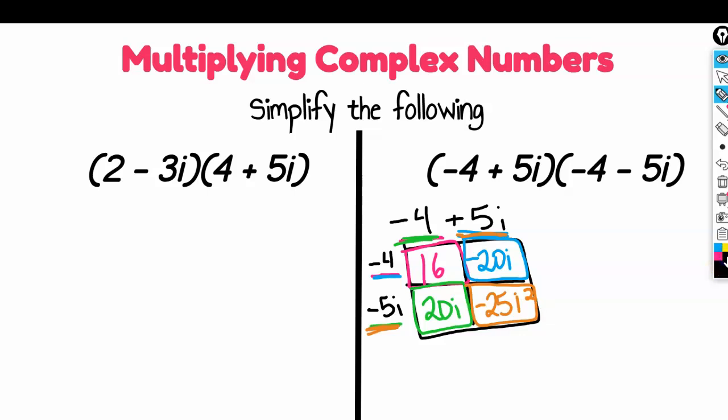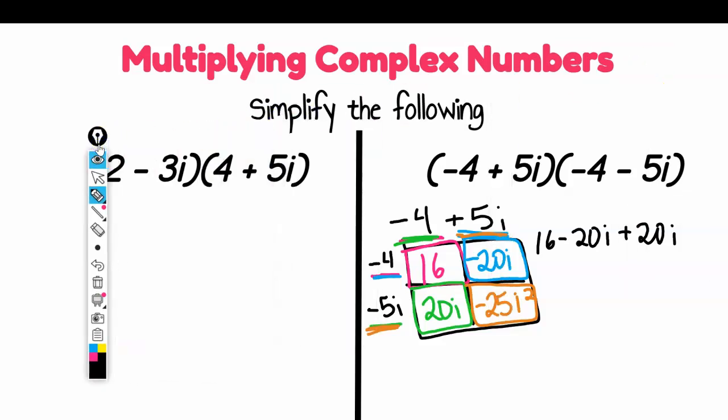So when I write this all outside of the box, I am doing 16 minus 20i plus 20i minus 25i squared. Right?